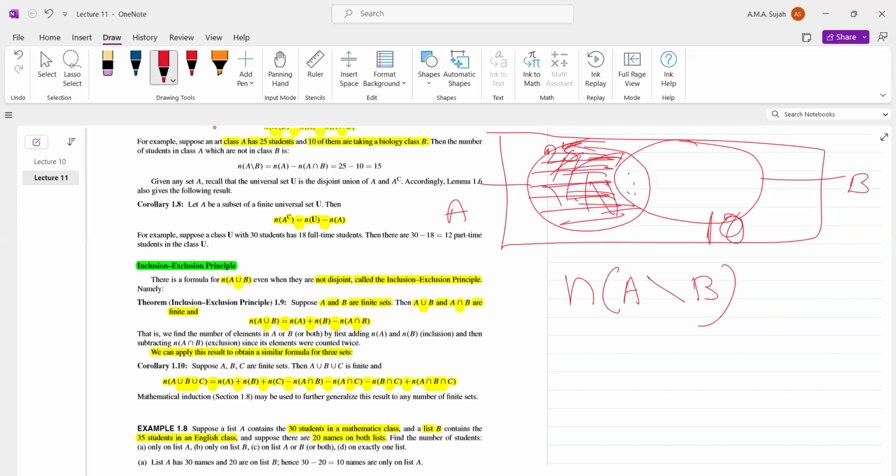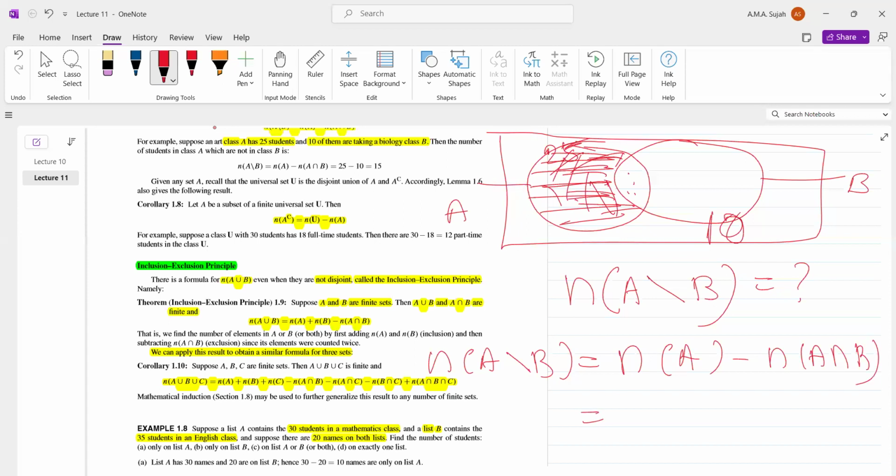To find the number of A minus B, you need to know the equation: number of A minus number of A intersection B.